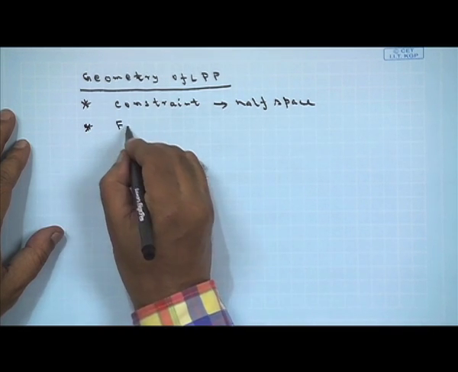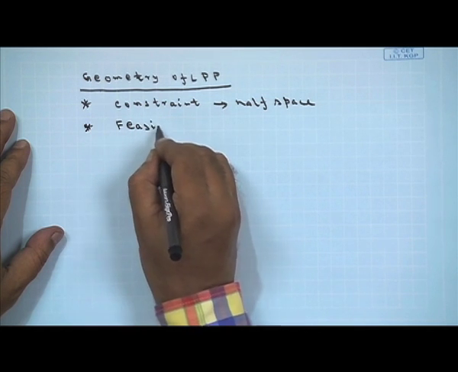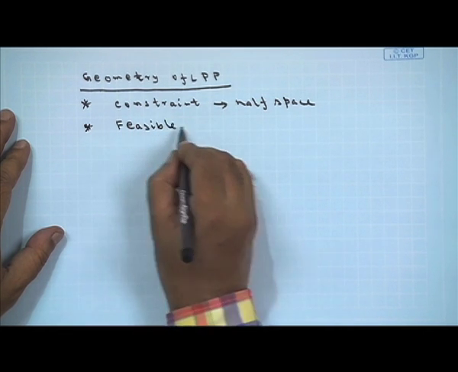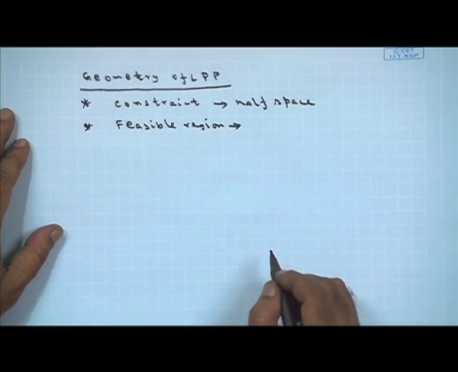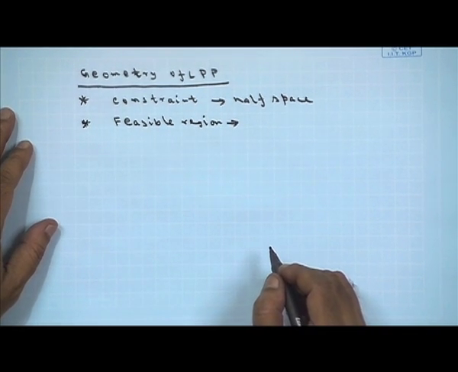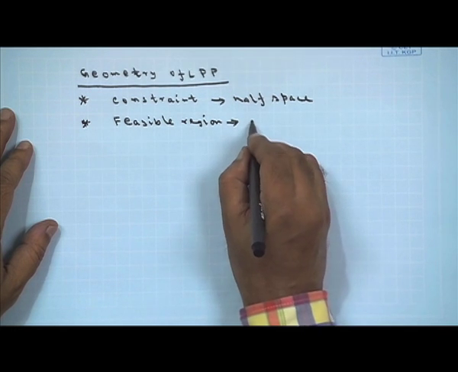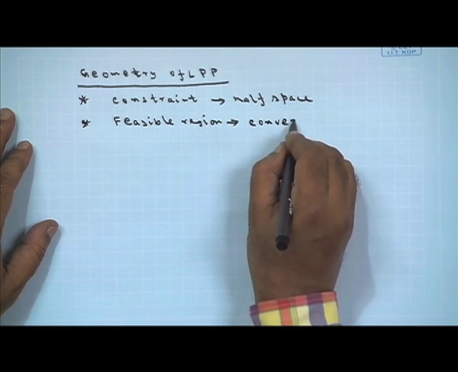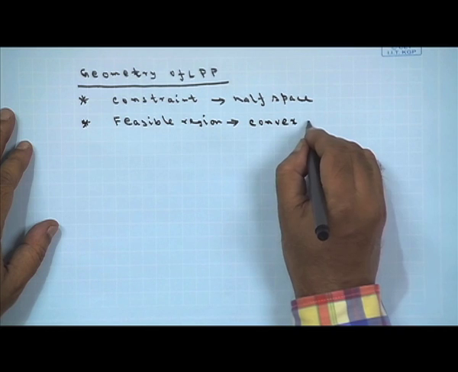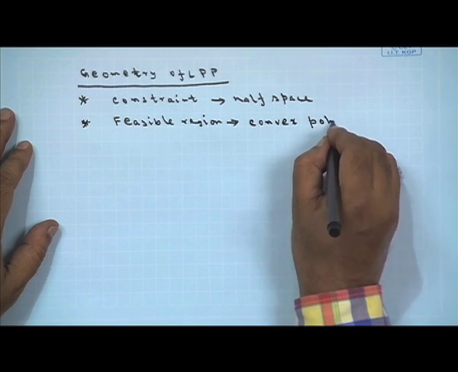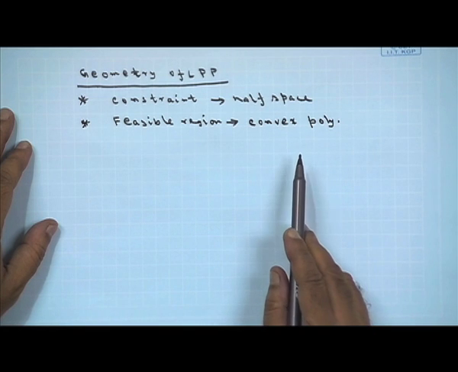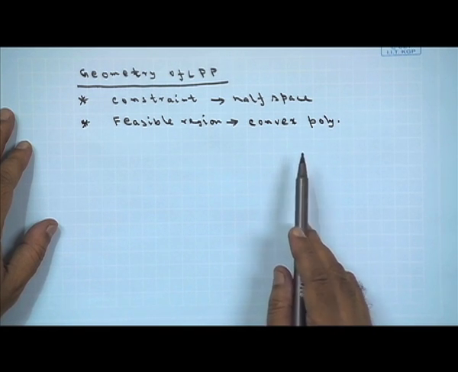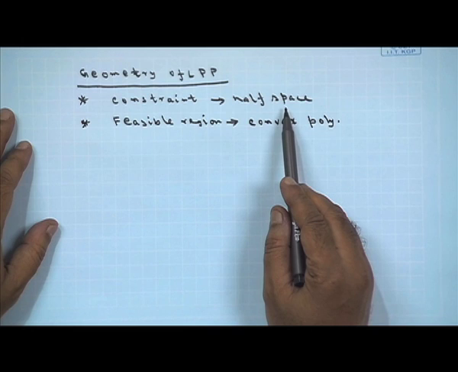And feasible region, already we have talked about feasible region. This feasible region is nothing but the convex polyhedron, or it is defined as the intersection of the half spaces.